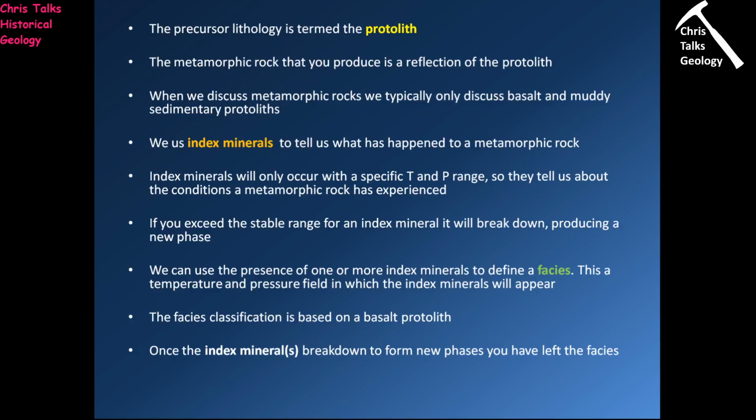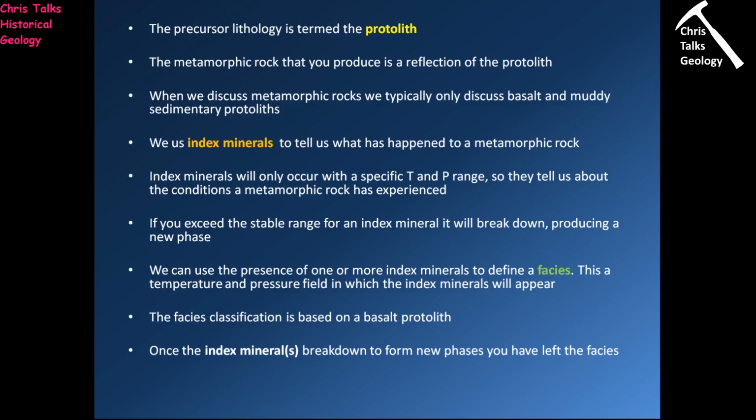Okay, so the precursor lithology, the thing that's being metamorphosed, is referred to as the protolith. The metamorphic rock that you produce is a reflection of that protolith. So the chemical composition of the protolith is obviously going to affect the chemical composition of the metamorphic rock you produce.